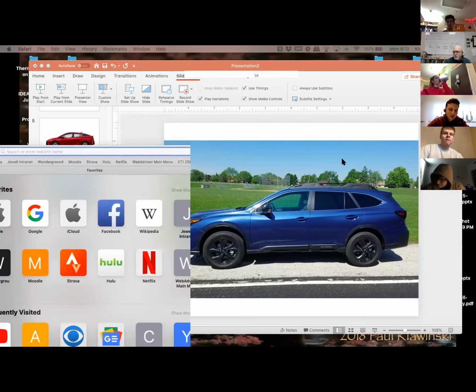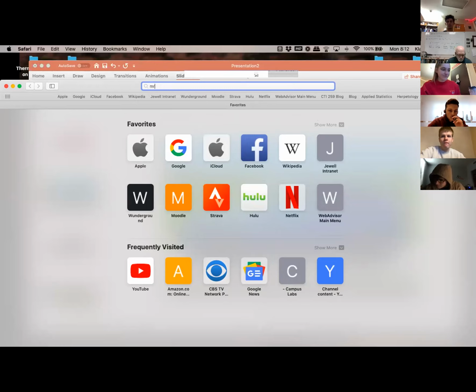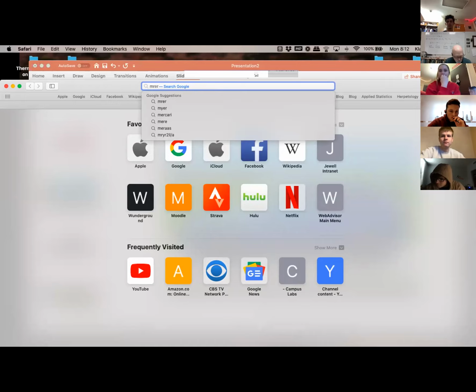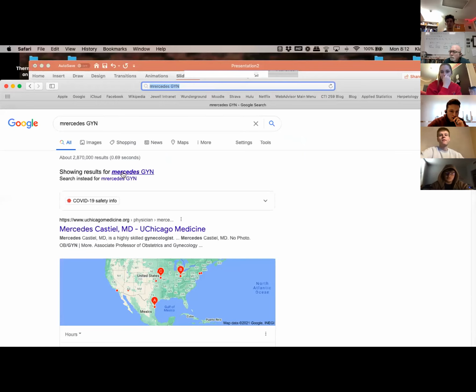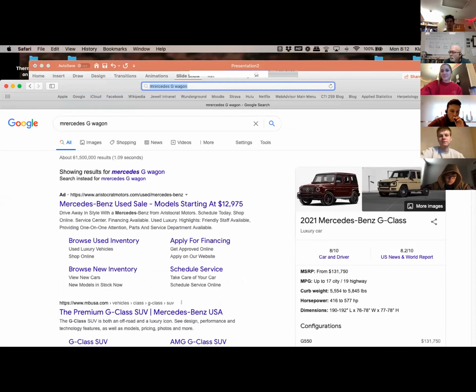Let's see, Mercedes. It's a G-Wagon. Oh, a G-Wagon. Oh, that's a sports utility thing. Oh, gotcha. Okay. What about the rest of you?